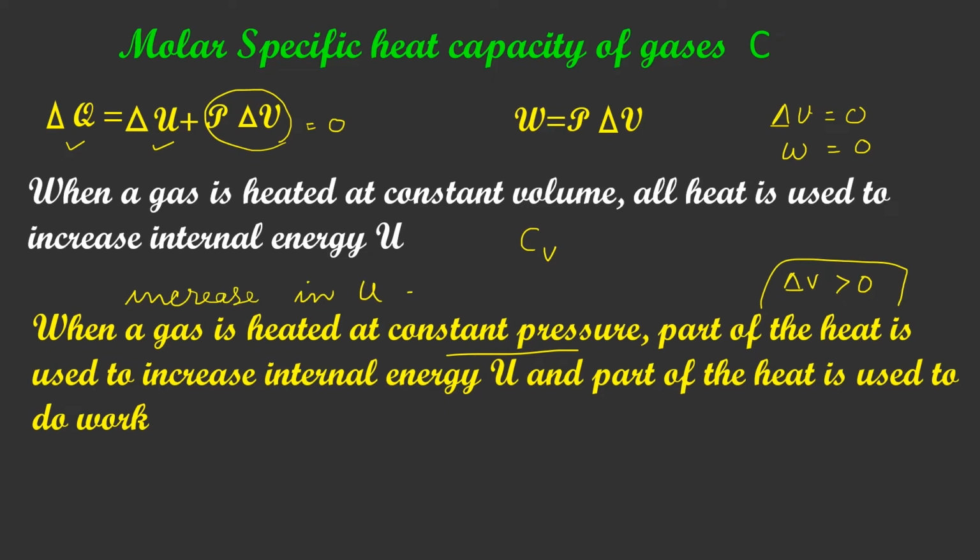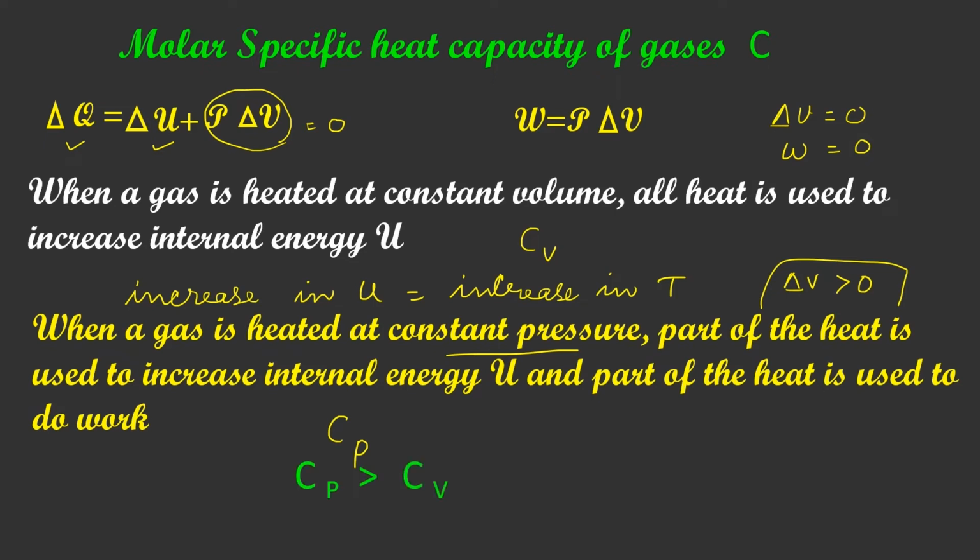Increasing the internal energy means increasing temperature. So at constant pressure, more heat is required to raise the temperature of the substance. So naturally, the specific heat capacity of a gas determined at constant pressure will have a greater value than the value obtained for the same gas when the specific heat capacity is determined at constant volume.